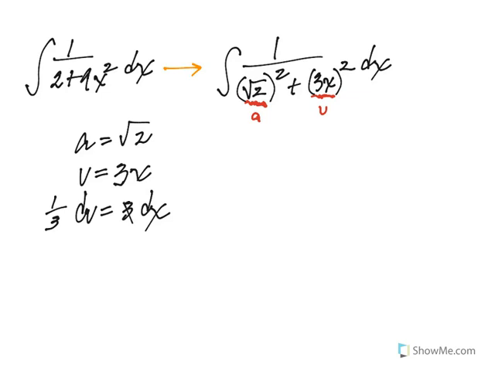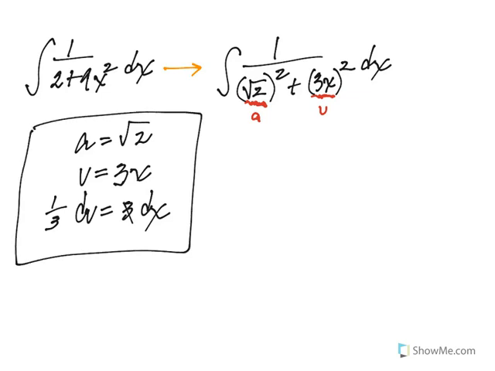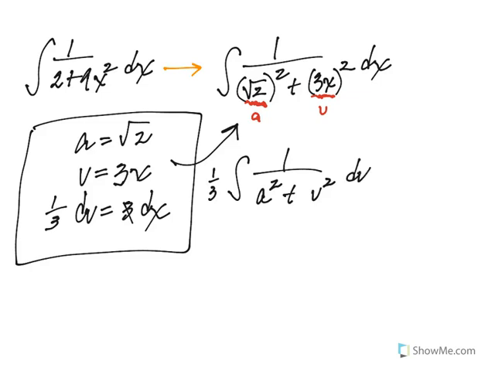And then I want to take all of this right here and substitute into that formula, which is going to give me the integral of 1 over root 2 squared, that's a squared, plus 3x squared, that's u squared, and then I have 1/3, which I'll bring out to the front, du.